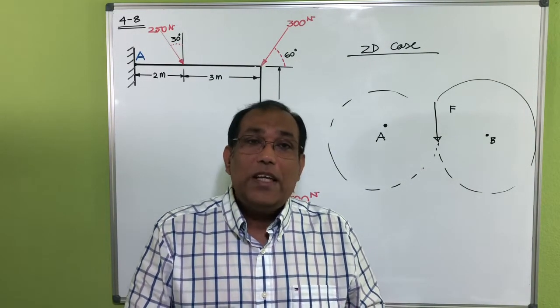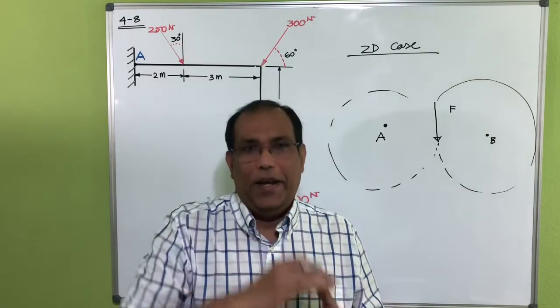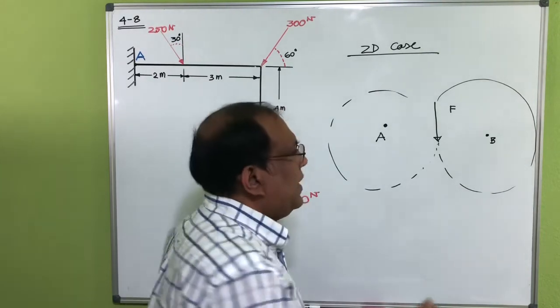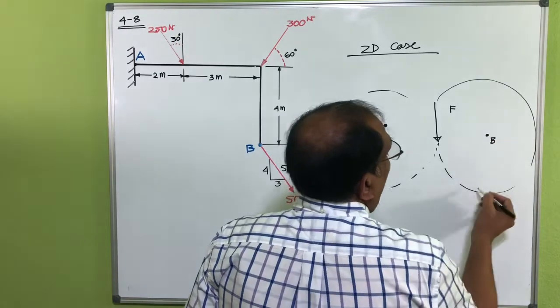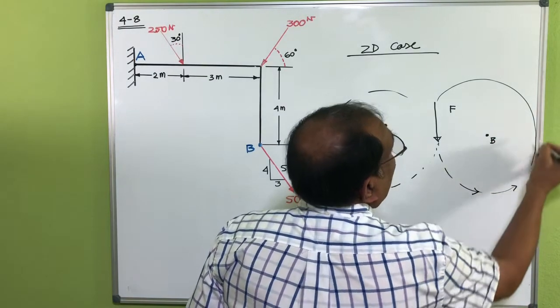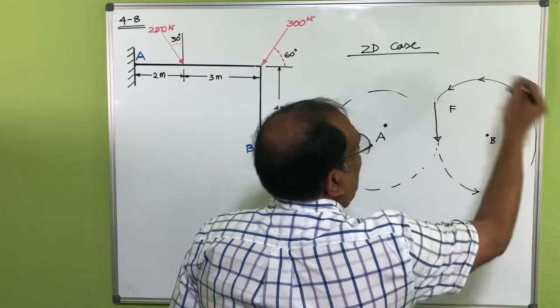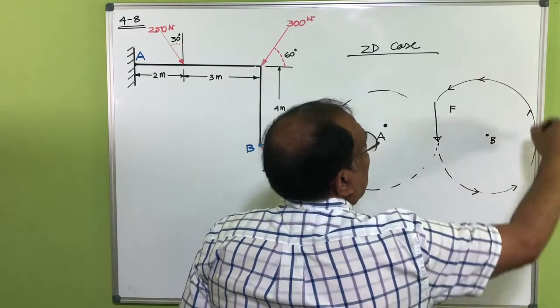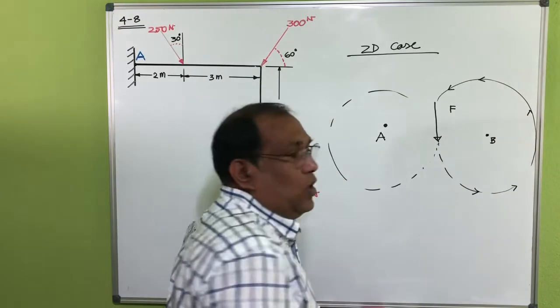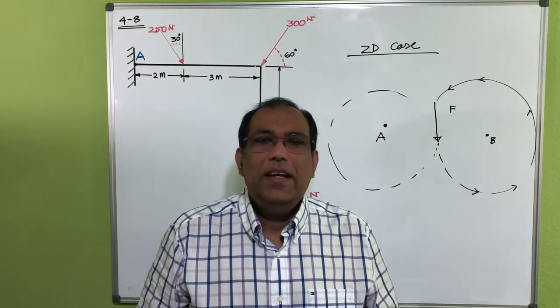So the force has to move around that point. So if I take a moment for B, now you can see that's actually the way this one tends to rotate, like this. Now this is definitely a counterclockwise moment, okay?